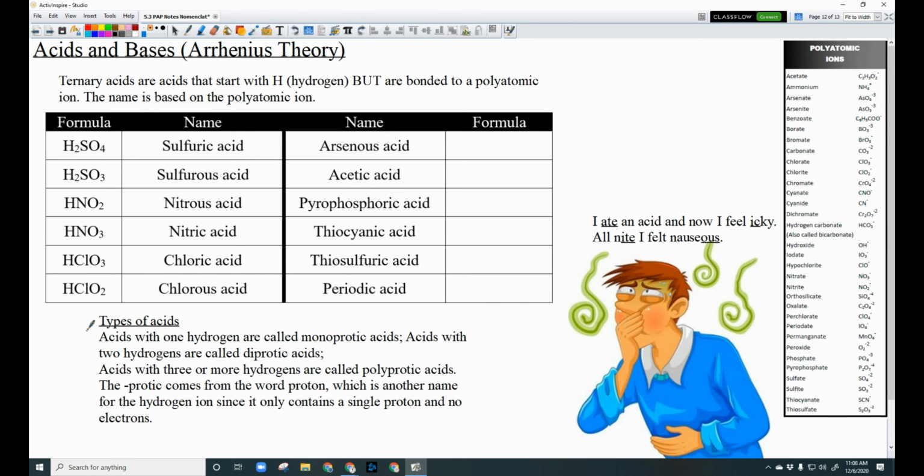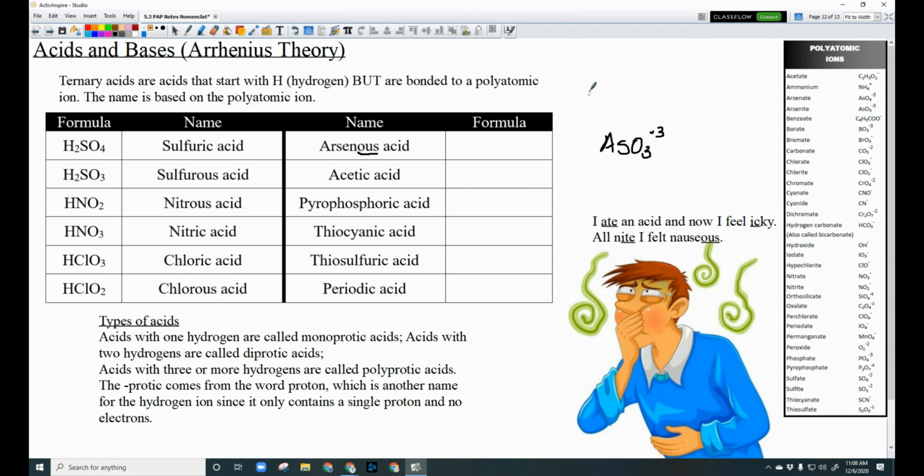All right. So arsenious acid. So this ending is us. So that must be arsenite because us came from ite. So it's arsenite. So let's find arsenite right there. Arsenite, not arsenate, but arsenite. So this is AsO3, negative 3. So this tells you how many hydrogens you need.